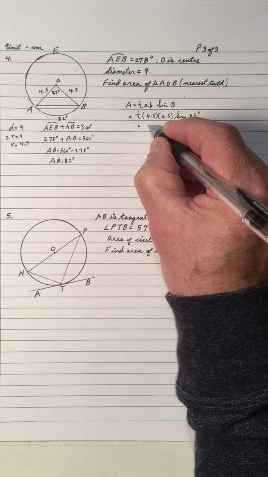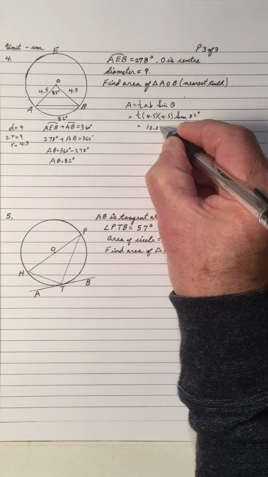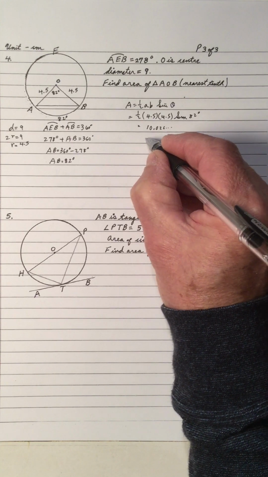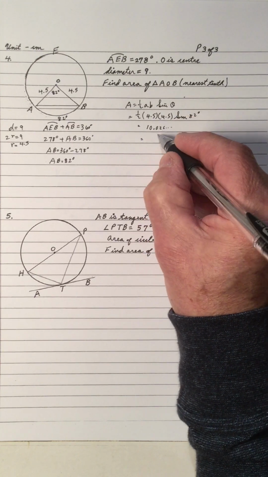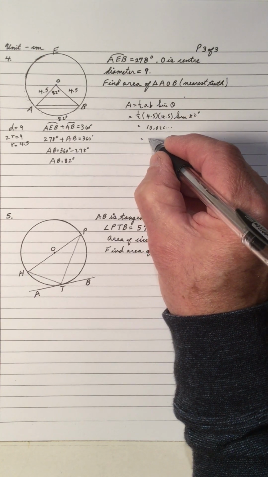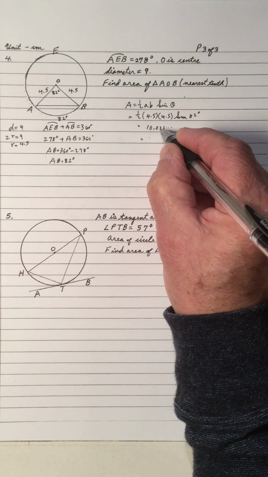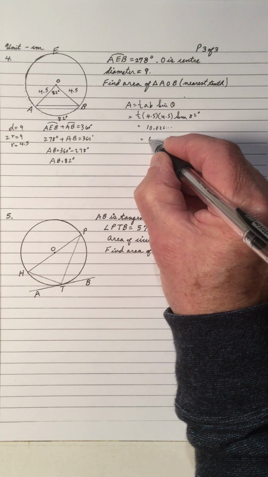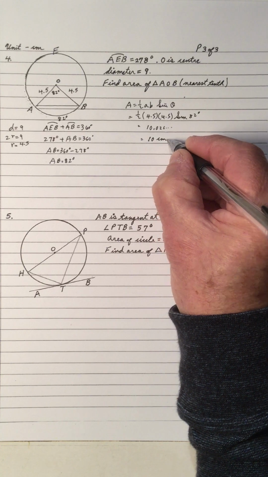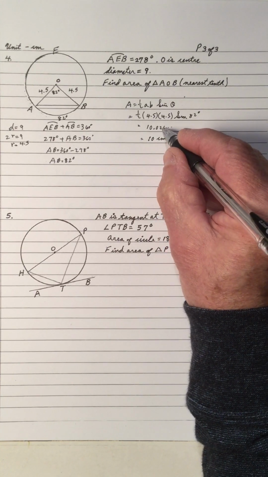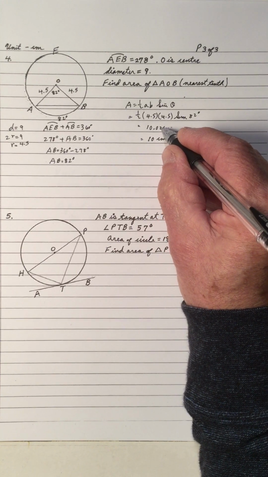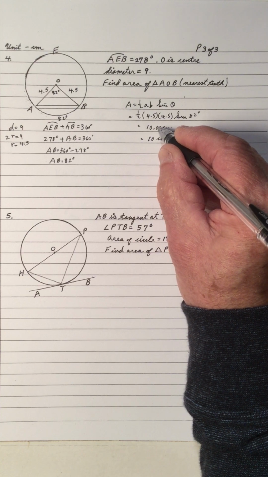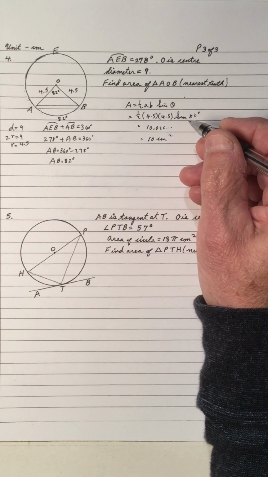And when you work that out, you get 10.026 if you use your calculator. And to the nearest tenth, it's 10 centimeters squared. Because the tenths digit is less than 5, you can't round up, so just 10.